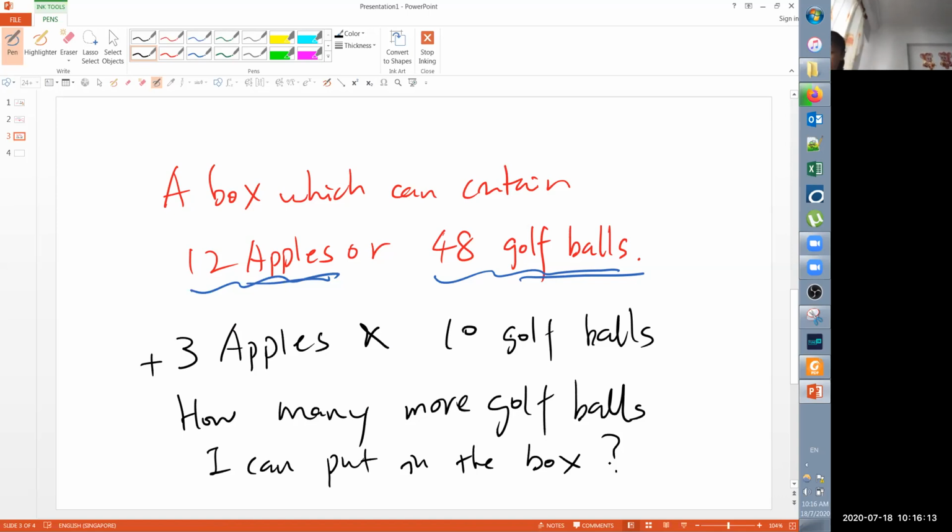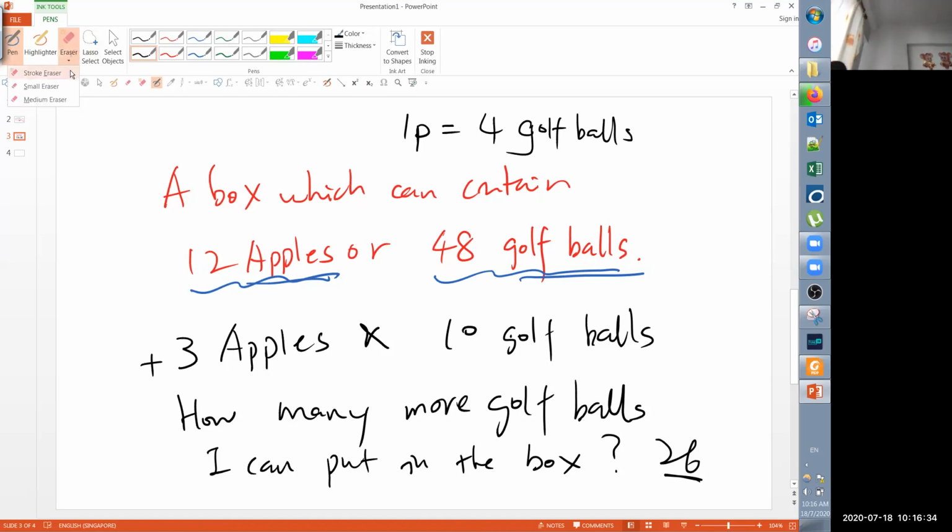26. Again, 26. Can you tell me 1 apple is equivalent to how many golf balls? 4. Yes. So now you already have 10 golf balls inside.